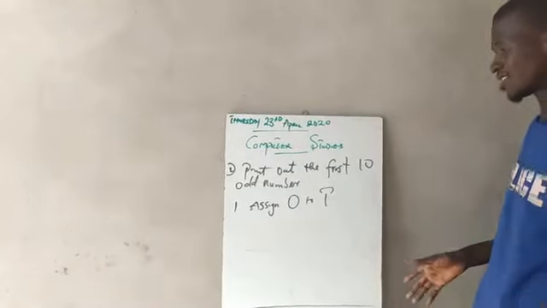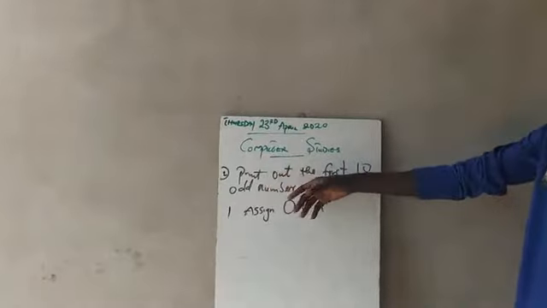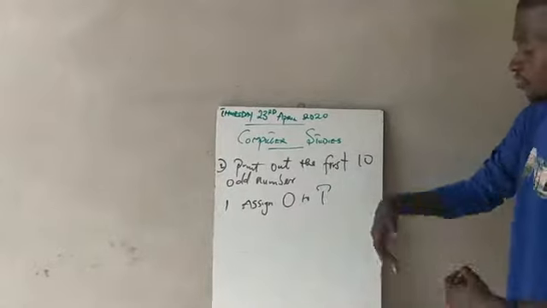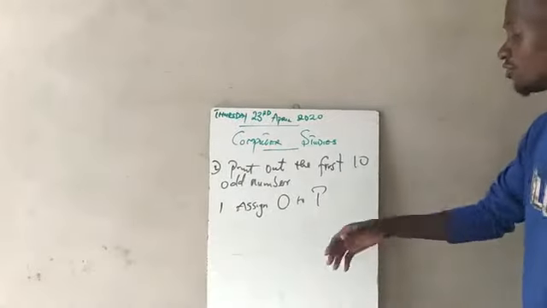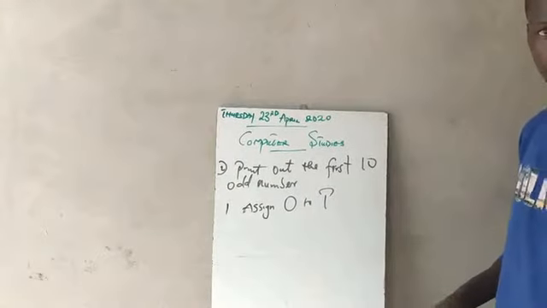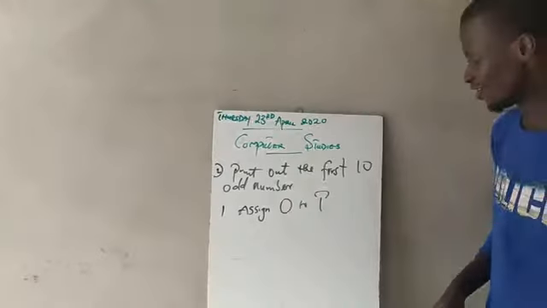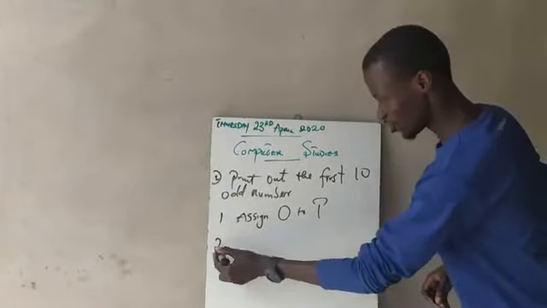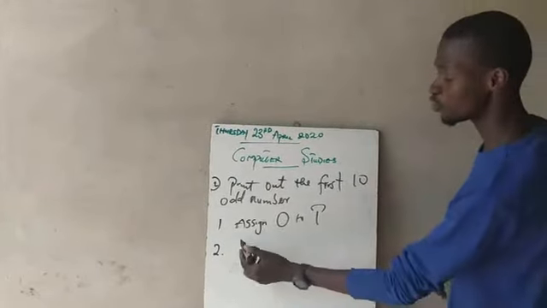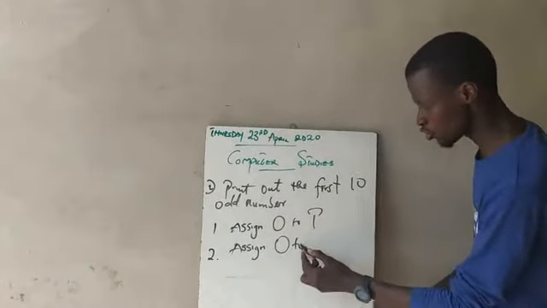Since we are to print out the first 10 odd numbers, and let's say we are starting from 0, when you assign 0 to p, it shows that p is 0. Alright. Okay. So step 2, you do what? You assign that same 0 to counter.